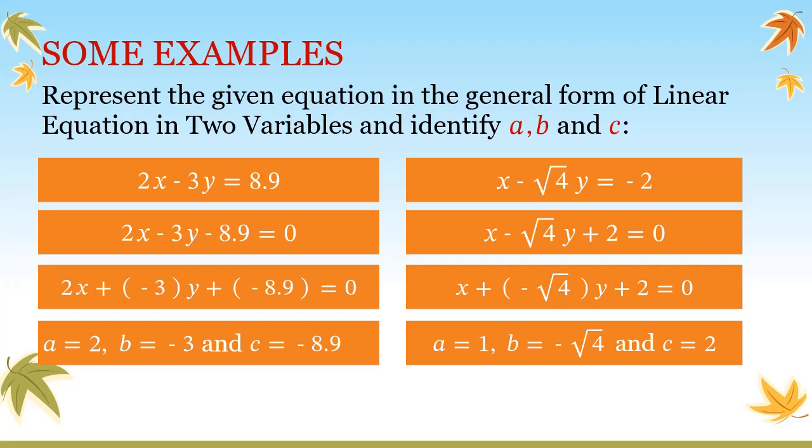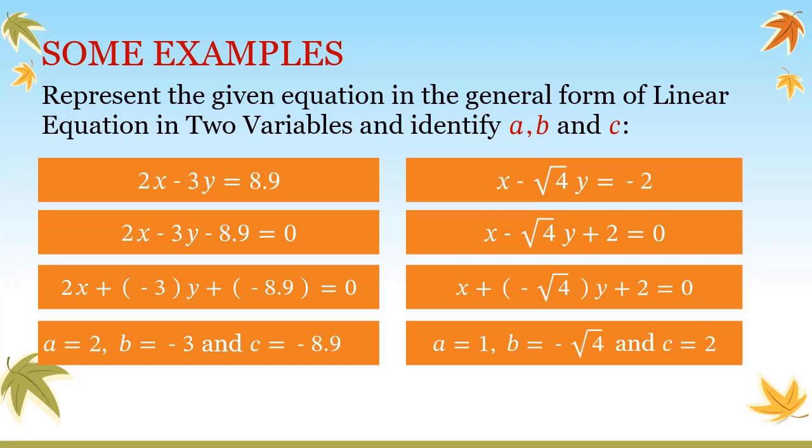Transpose 8.9 from RHS to LHS. The equation becomes 2x minus 3y minus 8.9 equals 0. Or we can also write it as 2x plus (minus 3)y plus (minus 8.9) equals 0. Isn't it? So we have a equals 2, b equals minus 3 and c equals minus 8.9.